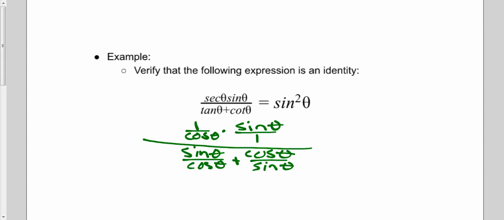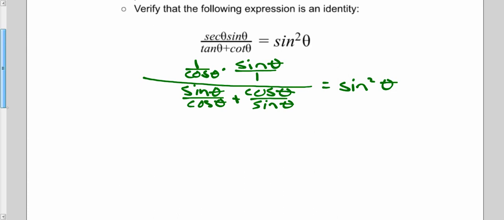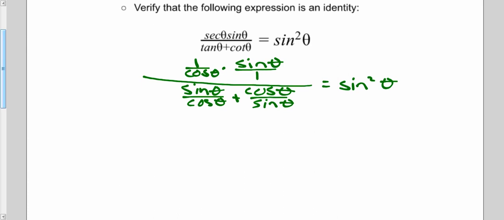And this all equals sine squared theta, supposedly. Okay? Now, I can do some mathy math, right? So, 1 over cosine theta times sine theta over 1. That equals sine theta over cosine theta, right? And we got a name for that, don't we? Tangent theta. So numerator is just going to be tangent theta.